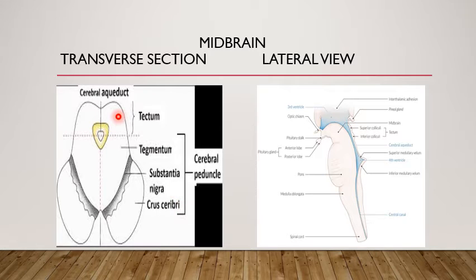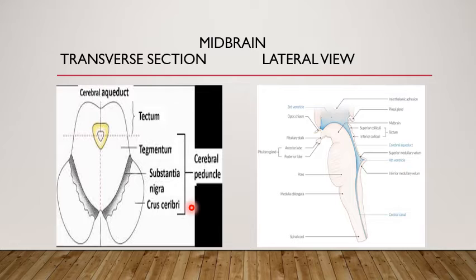Fine. So here again in the midbrain, now we are seeing the transverse section. This cerebral aqueduct is the landmark here. An imaginary line is drawn through this transverse section of midbrain. Here you can see the tectum, and this is the cerebral peduncle.